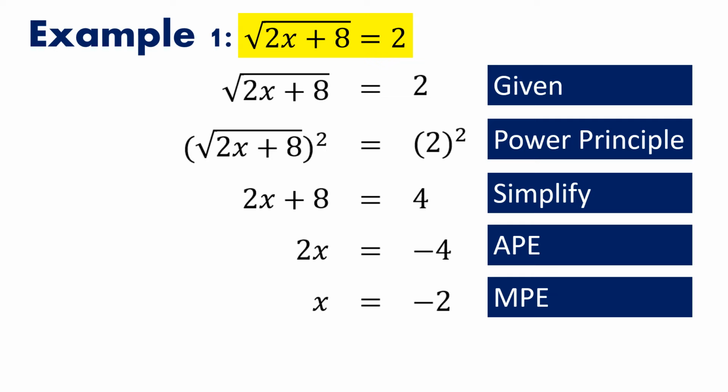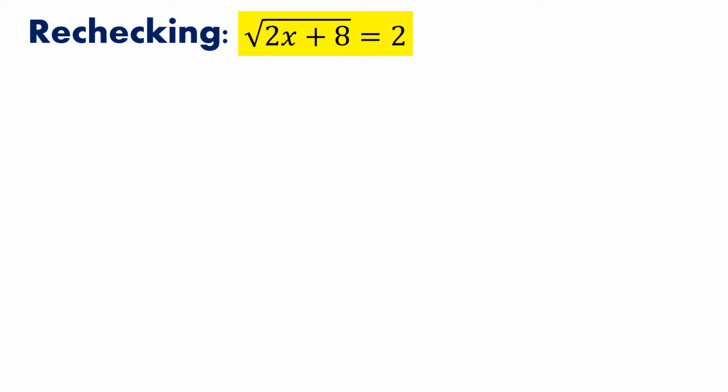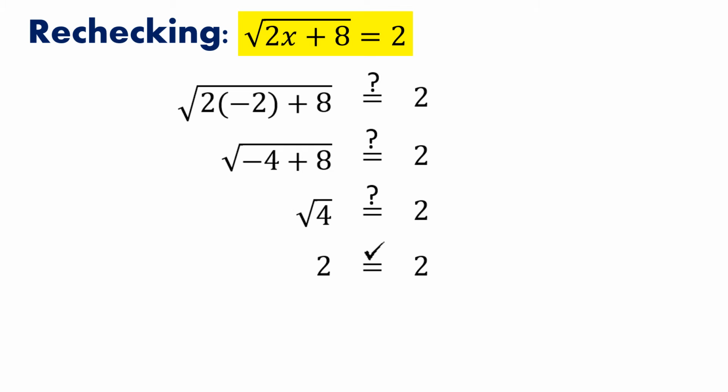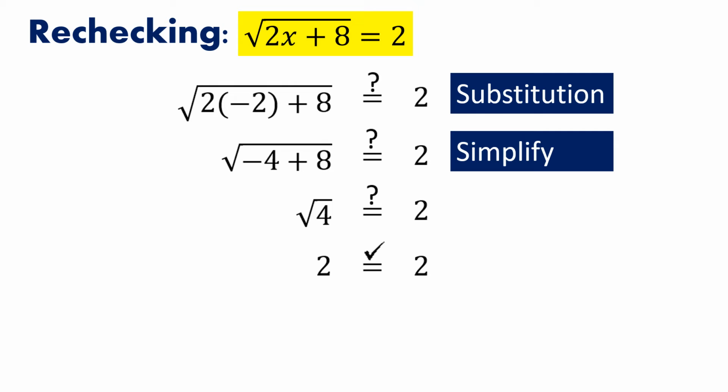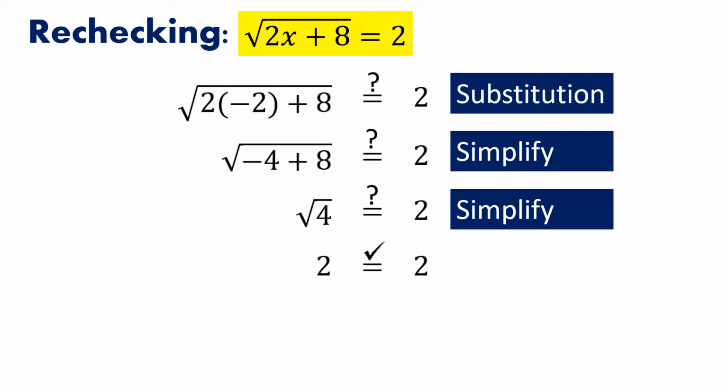We divide both sides of the equation by 2. We can check our solution as follows. We substitute x equals negative 2. We simplify. The solution set of the radical equation is the set containing negative 2.